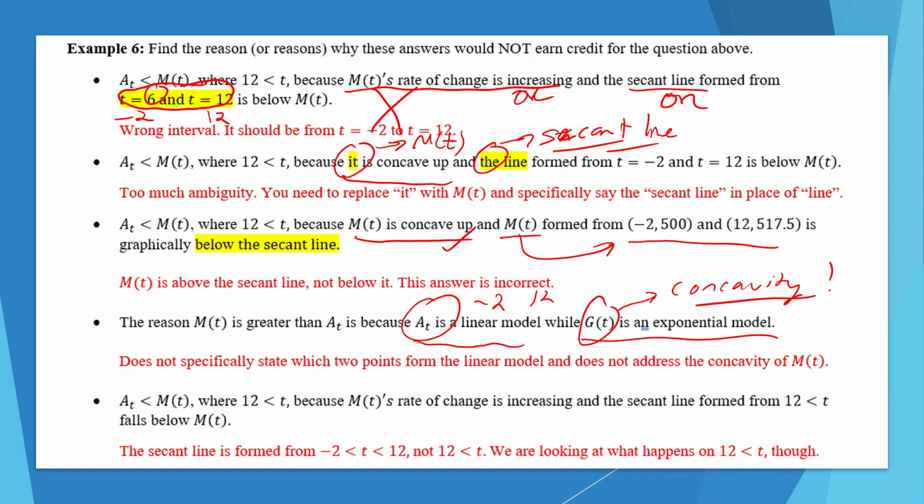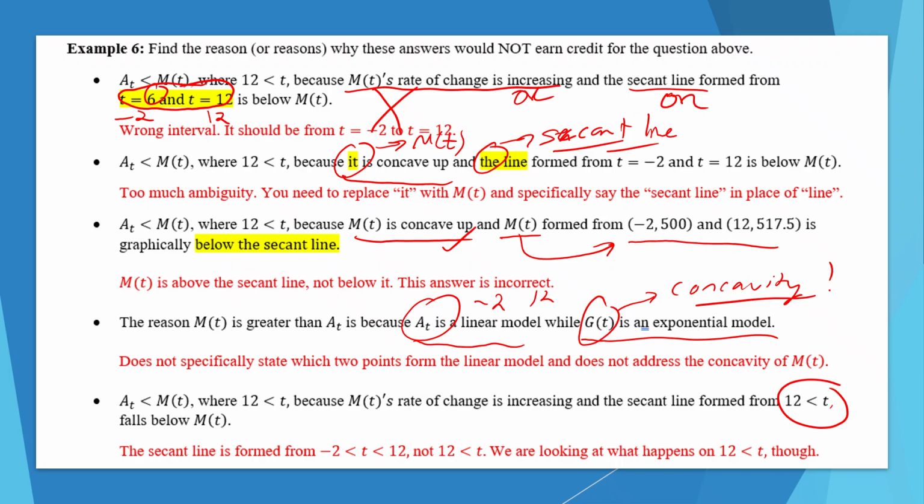And then the final one here, A of t is less than M of t where t is bigger than 12, because M of t's rate of change is increasing. Okay, yep, that looks good. And then the secant line formed from t is greater than 12 falls below M of t. That's not true. That's the interval that we're looking at to answer the question.